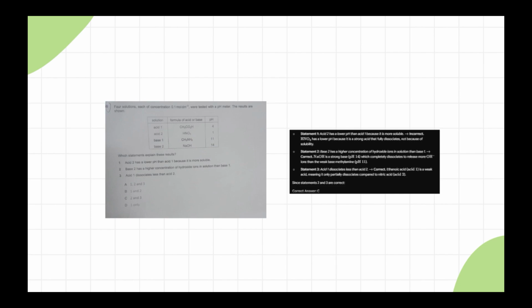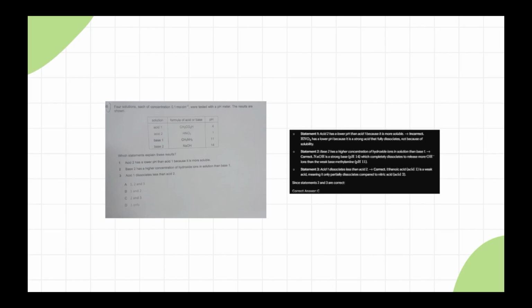Statement 1: Acid 2 has a lower pH than acid 1 because it is more soluble. Incorrect. HNO3 has a lower pH because it is a strong acid that fully dissociates, not because of solubility. Statement 2: Base 2 has a higher concentration of hydroxide ions in solution than base 1. Correct.